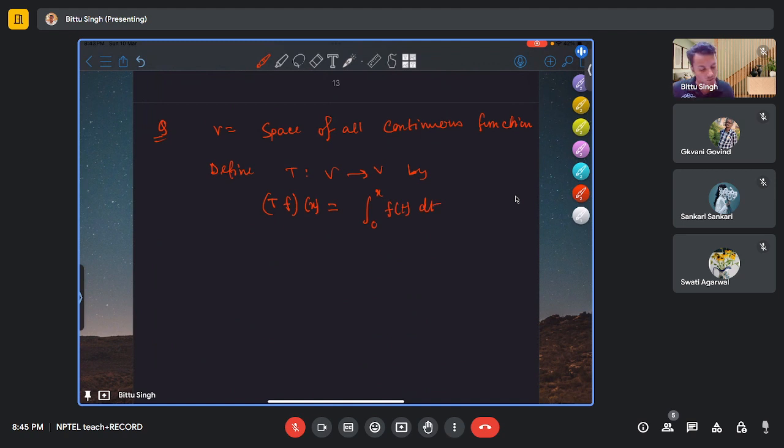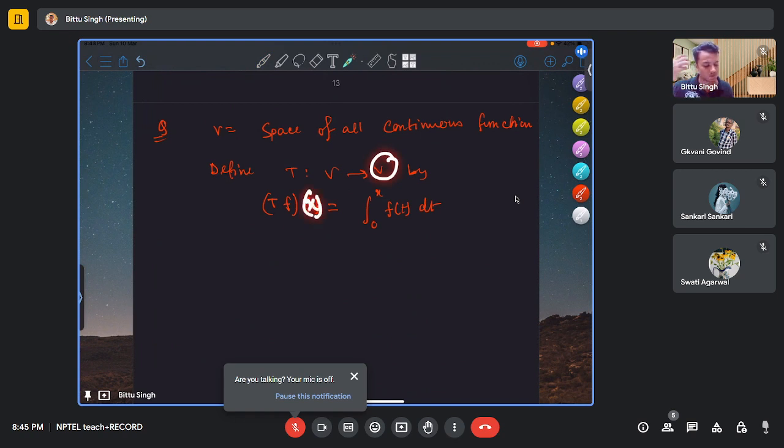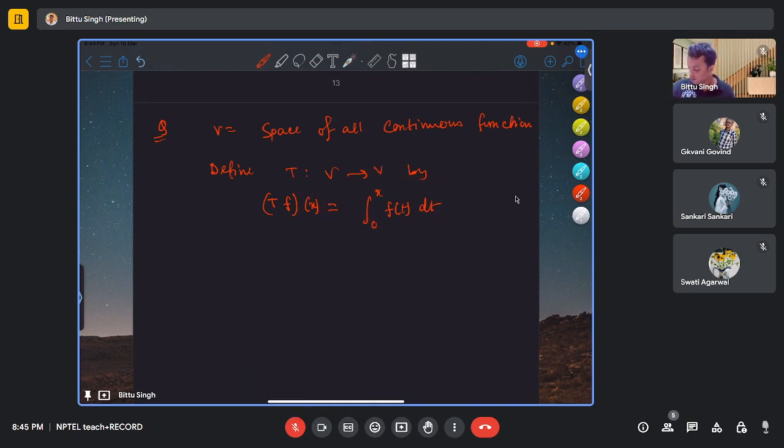So Tf is a continuous function in the codomain, and at a point x, this is the same as this integration. This is the definition of the linear transformation. Then we need to prove that T has no eigenvalues.